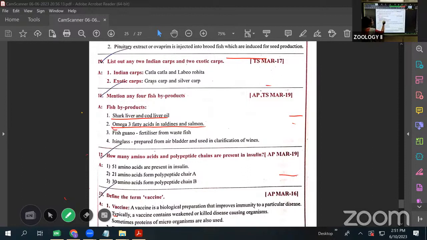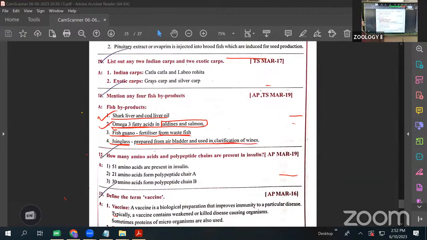Fish guano is a fertilizer prepared from the waste of fishes. Isinglass is prepared from the air bladder of fishes and is useful for the clarification of wines.